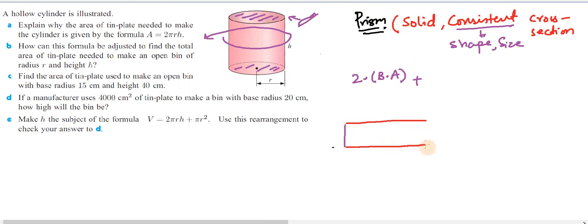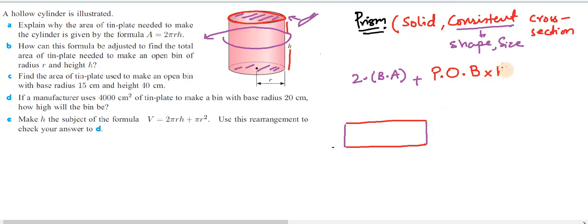The red length is the length that fits exactly on the cross section perimeter. So we say perimeter of the base. I'm going to use POB in short for perimeter of base. This red line fits exactly around the cross section. And the height of this prism is actually the height of this rectangular portion.